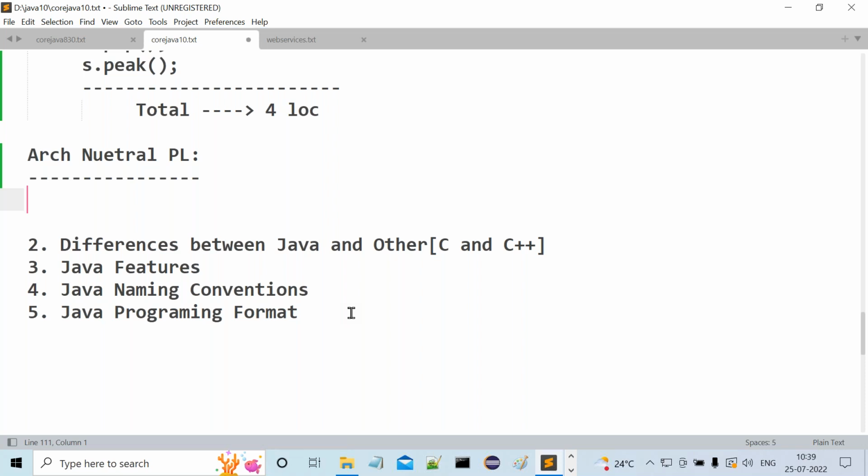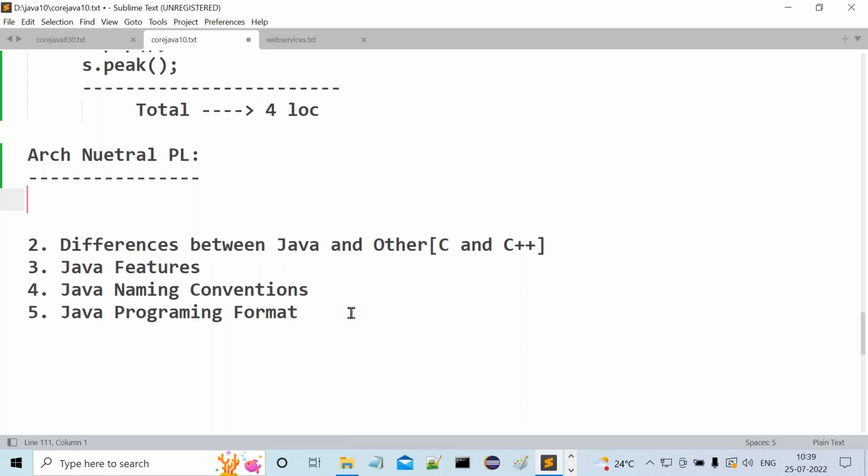Sun Microsystems wants to prepare a new programming language. It should not depend on a particular hardware architecture. It must be neutral to every hardware architecture. It has to work its applications on all the operating systems and all the hardware systems. In that way, they want to prepare their new programming language. Because of that reason, they specified the third feature of this programming language as architectural neutral.